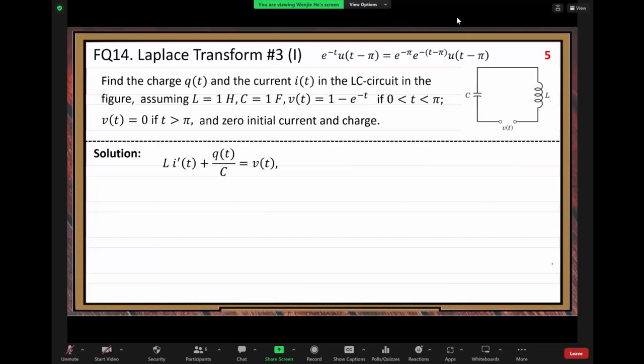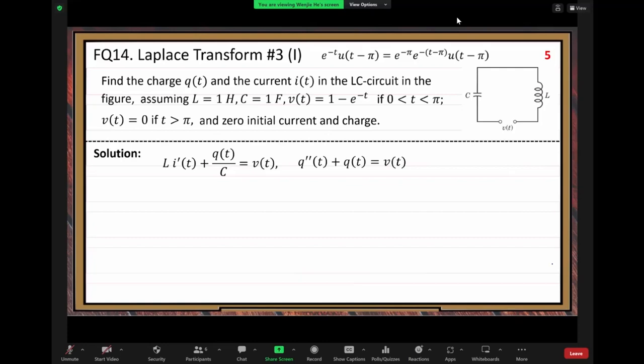Let's solve this equation for q function first. Q double prime, because capital L is 1, the 1 is gone. Capital C is also 1, so division by 1 is also gone. You get a simplified version: Q double prime plus Q equals V of t.